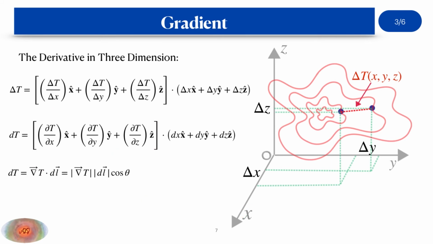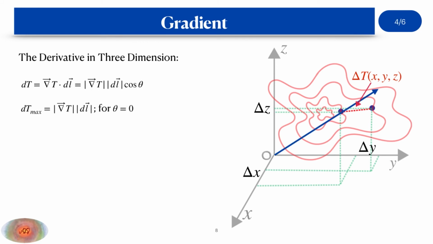And the significance of the vector field when you are operating the gradient operator on a scalar field is that you are moving along a particular direction, and which direction you are moving will be clear from this expression. Because the total change in the scalar field is equal to the gradient of that field dotted with the infinitesimal distance that you are moving, and the dot product obviously results in the magnitude of the first vector times the magnitude of the second vector times cos theta.